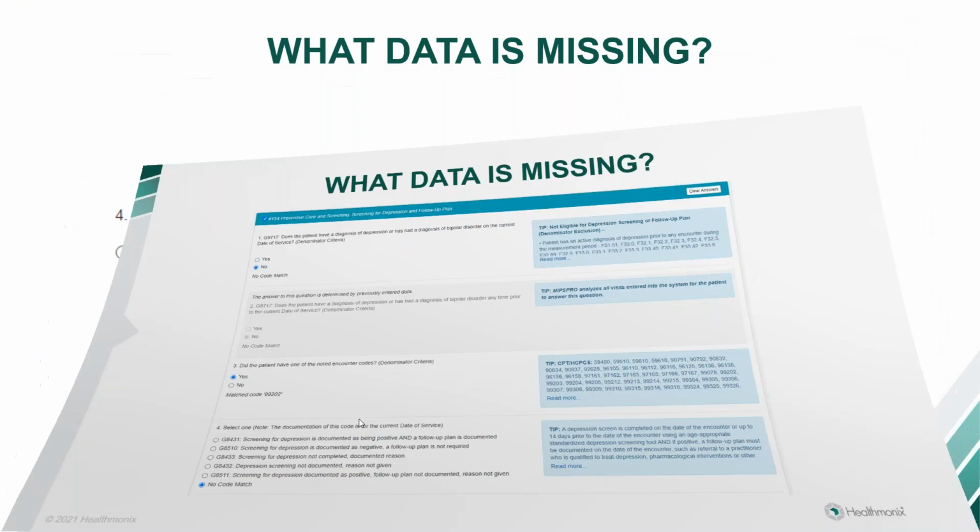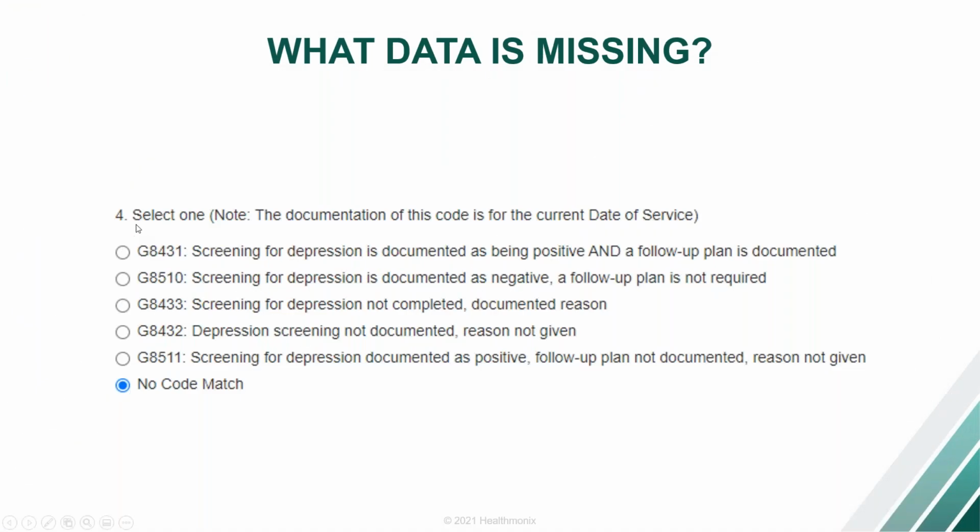Now I'm going to zoom in here onto the fourth selection and see all of your options for scoring. What we can see here is that we could not find a code in the system, so this is missing. Why is it missing? There could be many reasons. It wasn't brought over through the data. The doctor didn't document it correctly.